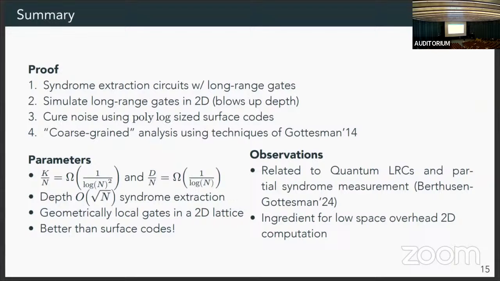Actually I think it's slightly better. Unfortunately, I can't show this live, but it's as good or better than the surface code asymptotically. In terms of constants, it is worse.